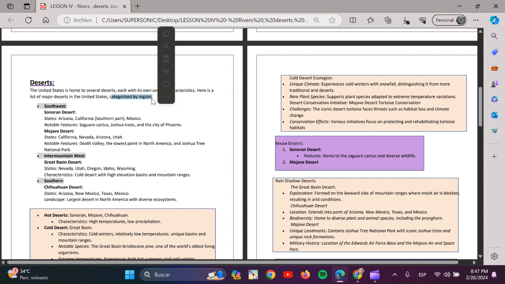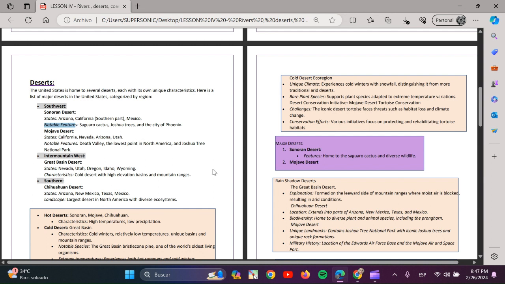Categorized again by region. So we have the Southwest region, Southern Desert. It's going to be in states like Arizona, California, and southern part, and of course Mexico. Also, we have a new item here, notable features.